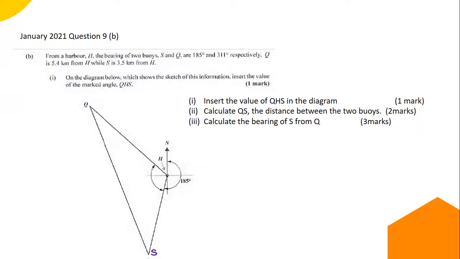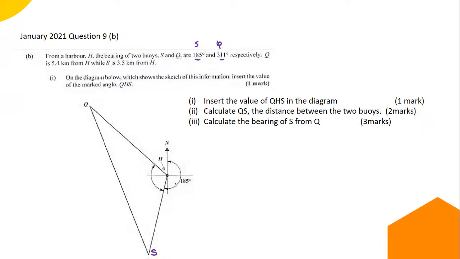So from H, our north sign, we are going to S, and then we are going to Q. Now they said S is 185, Q is 311. So S goes first and Q goes after. So all the way to S is 185, and then all the way to Q, this whole thing here is 311.